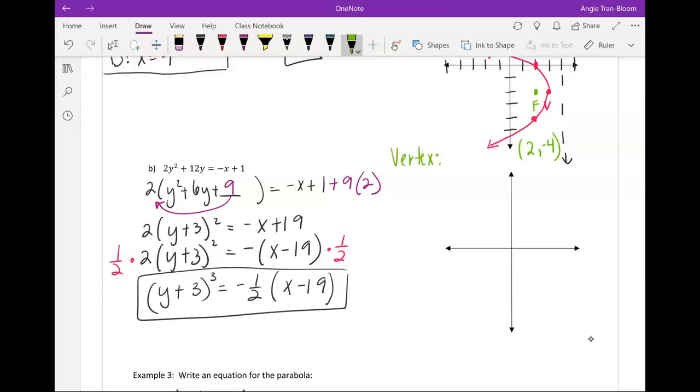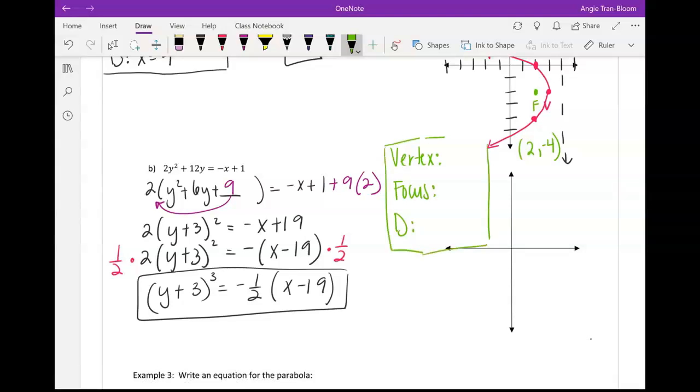Vertex, focus, and directrix. Vertex is always h comma k. So here's h and here's k. So that's going to be 19 comma negative 3. Well, I'm definitely not going to do 19 tick marks.